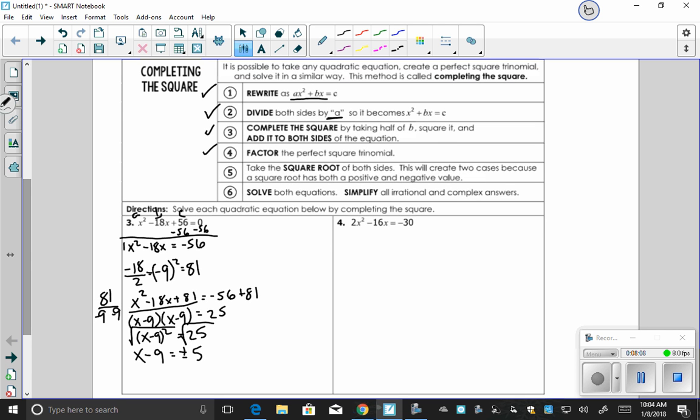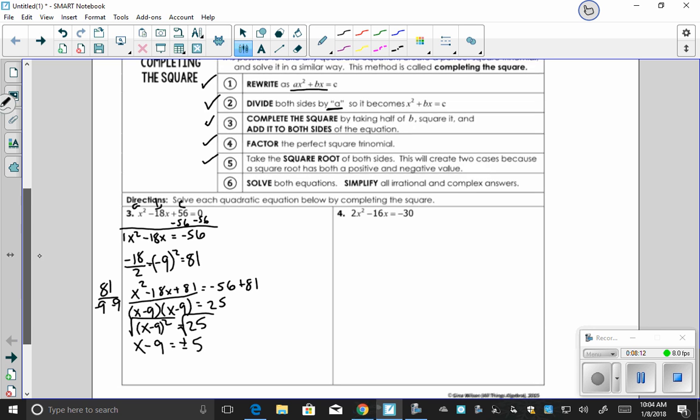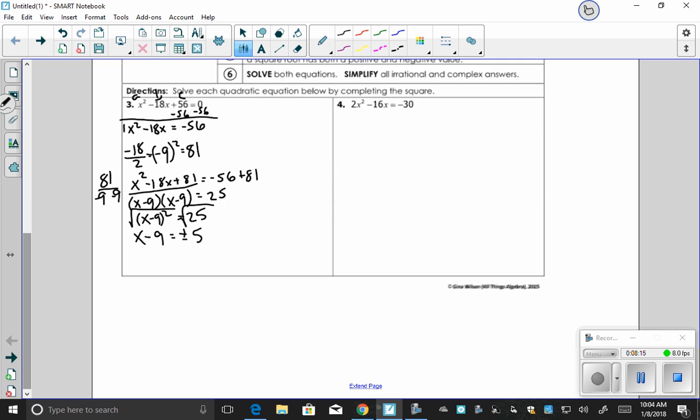So I've done step 4, and I've just completed step 5. So the next step is to finish solving. So I'm going to have x minus 9 equals positive 5. X minus 9 equals negative 5. Add 9 to both sides, and I get x equals 14.